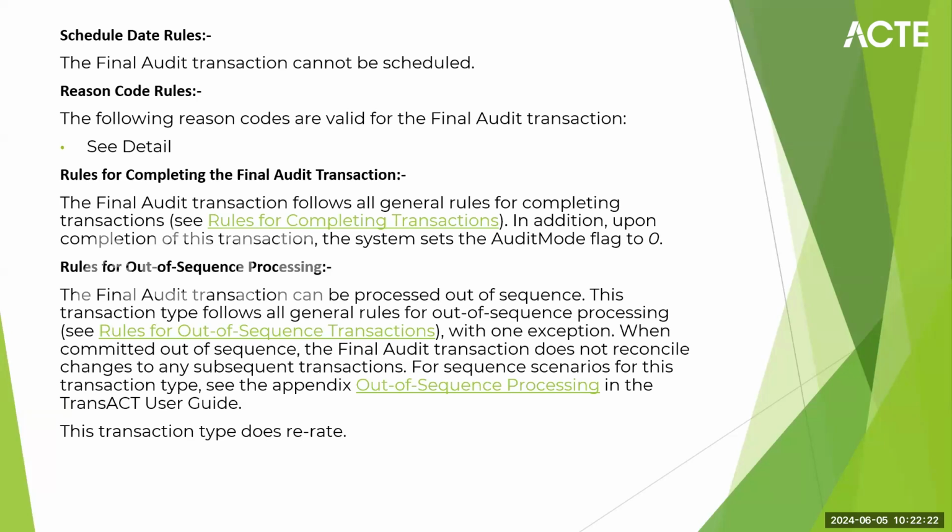Nothing but suppose we have done any out of sequence transaction for the final audit, it will not make any changes. It will not reconcile with the changes to any subsequent transaction. That means the previous transactions you have done will not be reverted back and are kept.